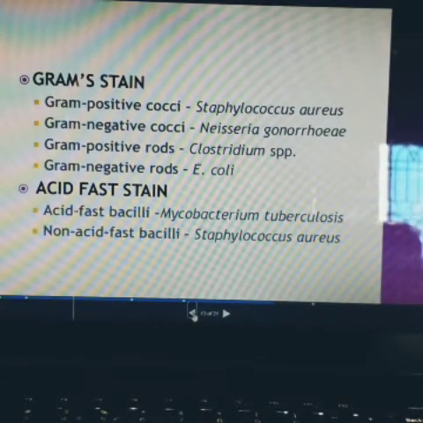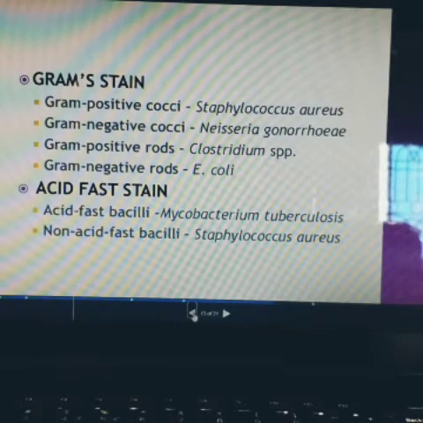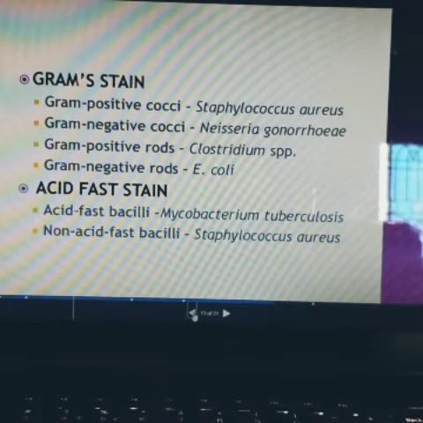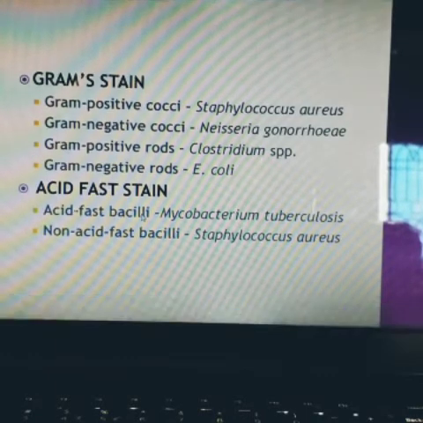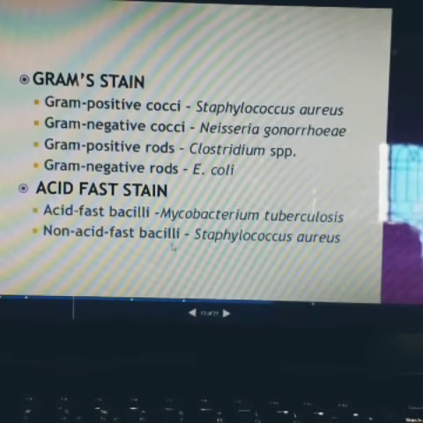And another one, red or pink color obtain करेगा तो that one gram negative bacteria बोलते हैं. And acid fast bacteria, an example is Mycobacterium tuberculosis, it is very very important. Acid fast bacillus bacteria and non-acid fast Staphylococcus aureus. So we are example this one.